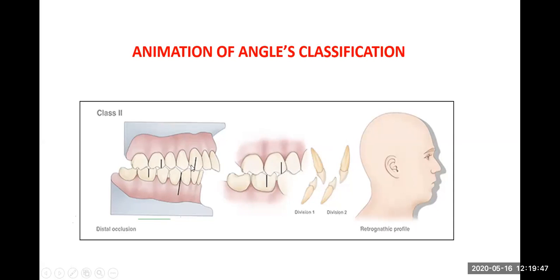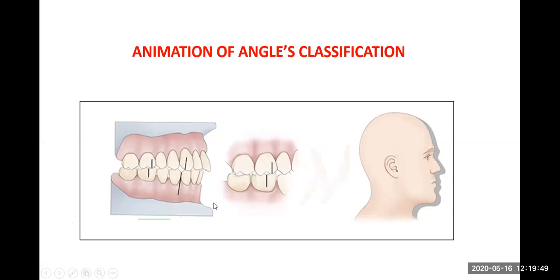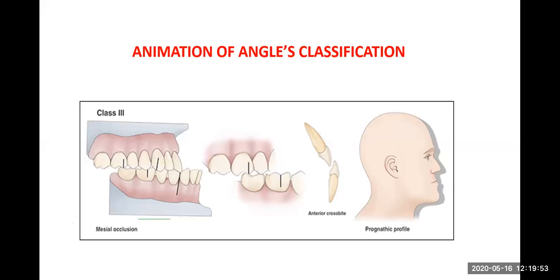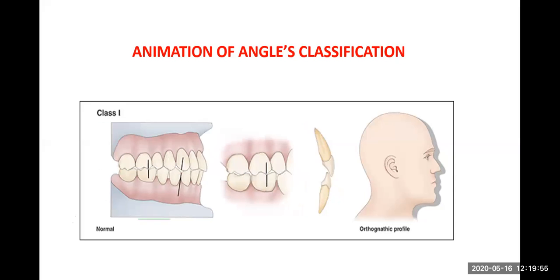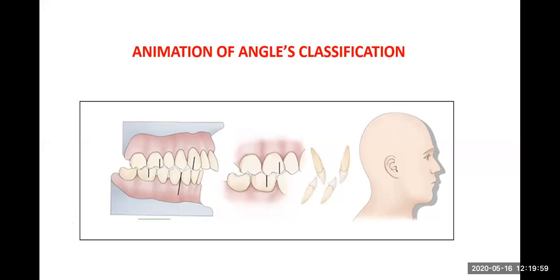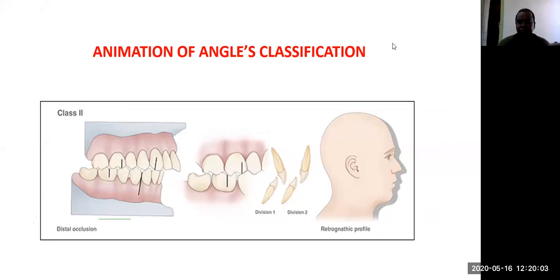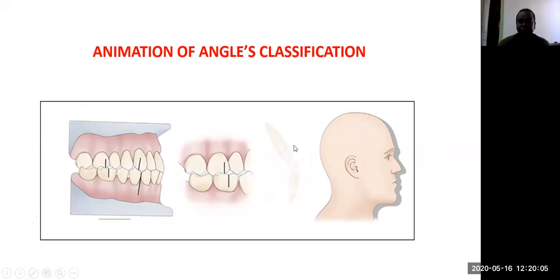And here, the overlapping of class 2 is so pronounced. So the overbite and overjet will continue to change each time you consider Edward Angle's classification of malocclusion. I believe that should be clear to many of us. Okay.